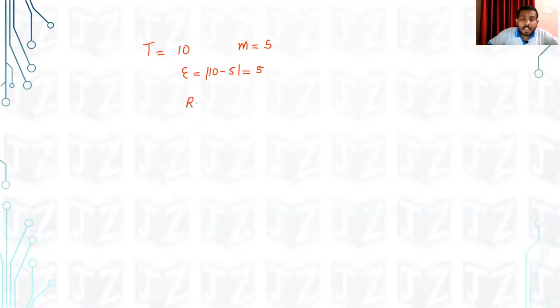Then the relative error here is equal to the absolute error divided by the true value, that is about 0.5. If you convert this into percentage error, we will get 0.5 into 100, that is equal to 50%.